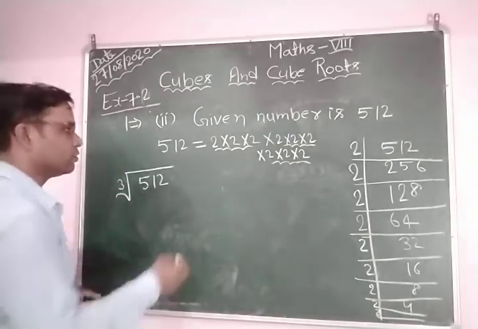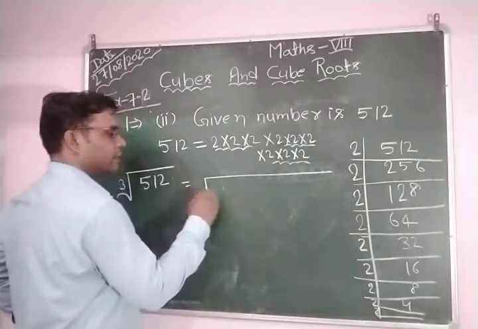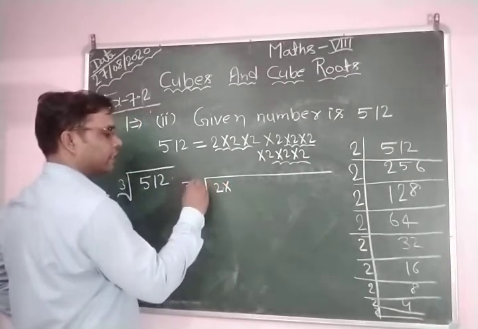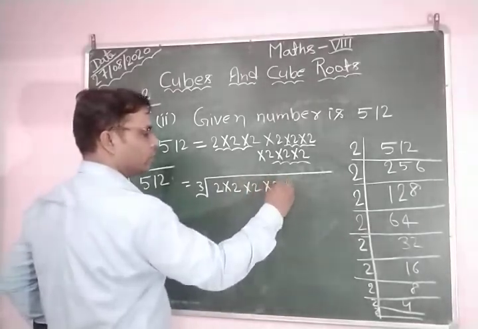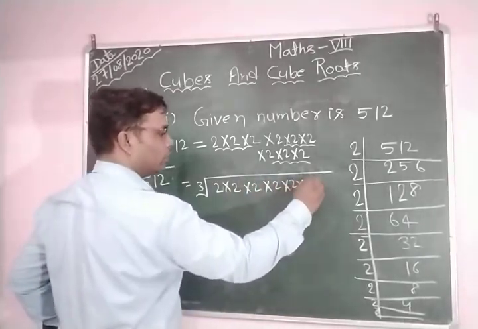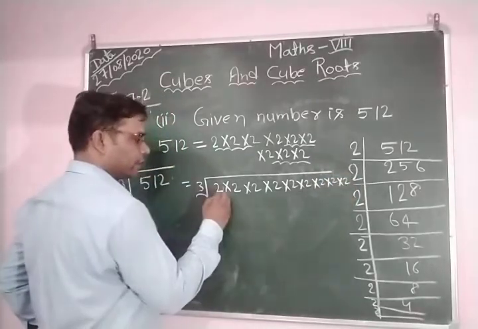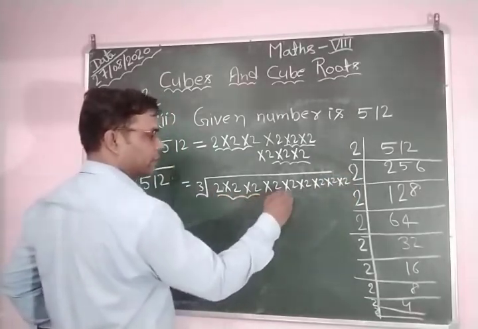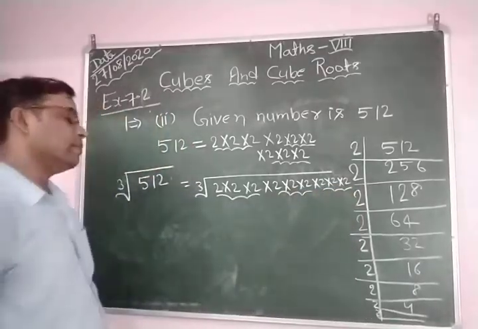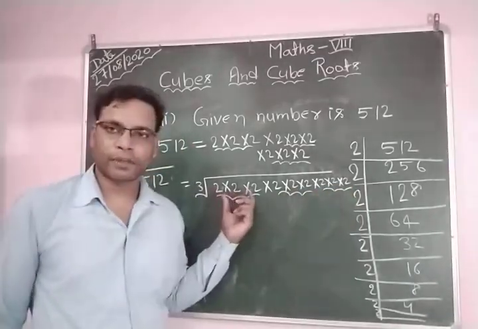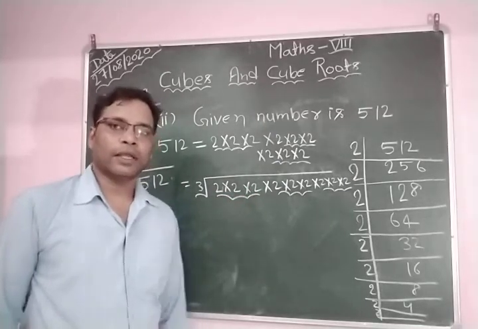So we can also write it like this: 2 into 2 into 2 into 2 into 2 into 2 into 2 into 2 into 2, and this is a group of three 2s, this is a group of three 2s, this is a group of three 2s. It means each is a group triplet of equal prime number 2.